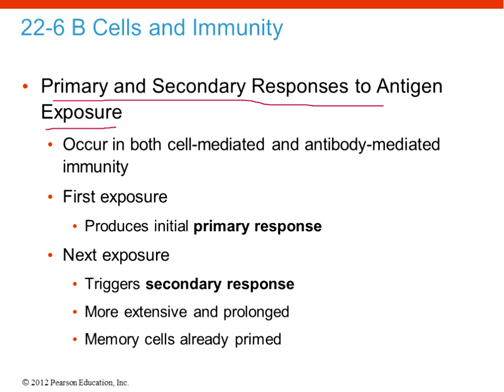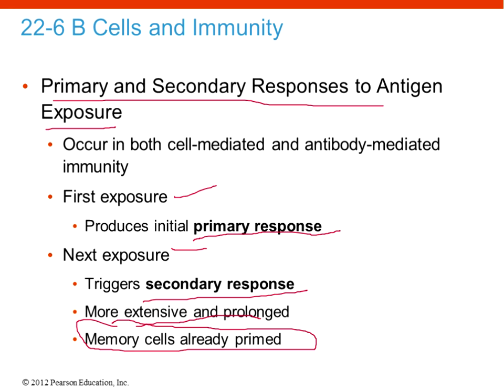This is an interesting concept in terms of what happens during both cell and antibody-mediated immunity. You have a first exposure and then the next exposure, right? First exposure obviously is going to produce the primary response, and the next exposure will trigger a secondary response. Secondary response is typically more extensive and prolonged, and as you know from what I said previously, those memory cells are primed and ready to go.